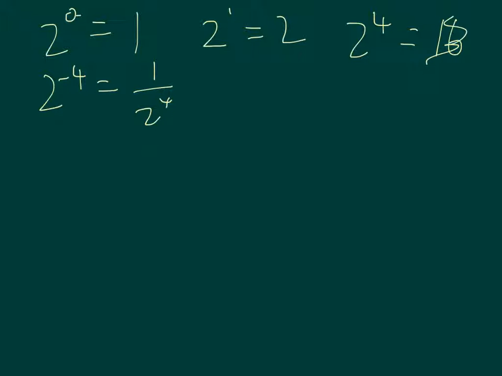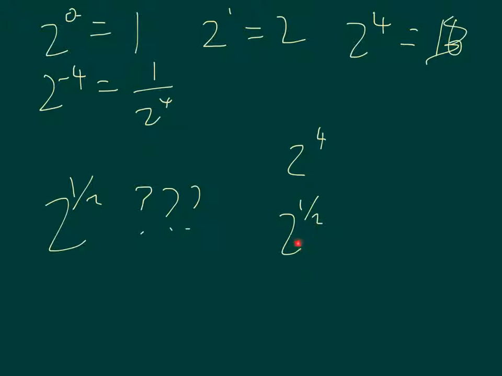But what about other numbers? What other numbers are there here? You say, well, there are fractions. What does 2 to the power a half mean? Well, if 2 to the power 4 means 4 2's multiplied together, then 2 to the power a half means we need 2 of them just to make 2 to the power 1. 2 of these lot multiplied together just to make 2 to the power 1.